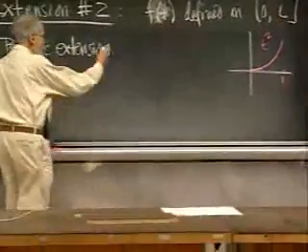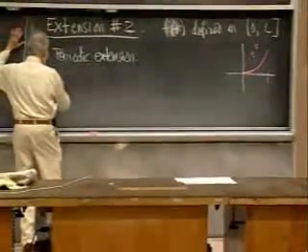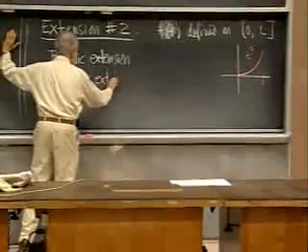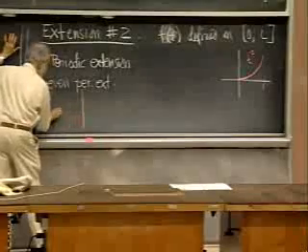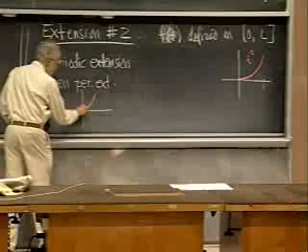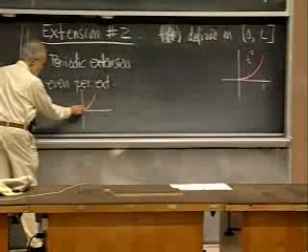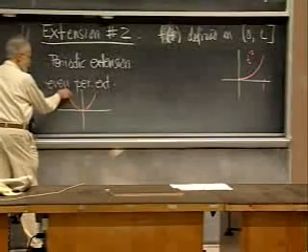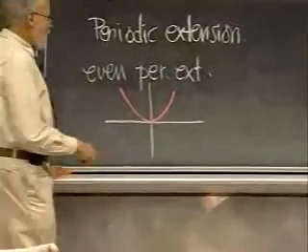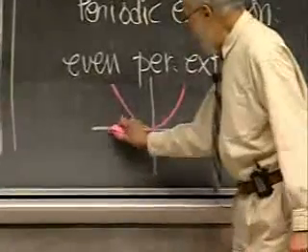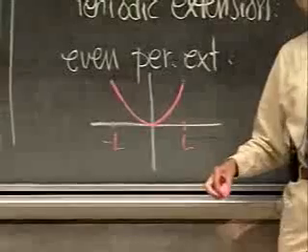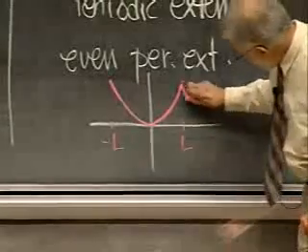Okay, that function has an even periodic extension. And its graph looks like this. Extended to be an even function. Okay, now that means from 0 to negative L, you've got to make it look exactly as it looked on the right-hand side, otherwise it wouldn't be even. And now I've got from minus L to L, so all I am allowed to do is keep repeating the values.